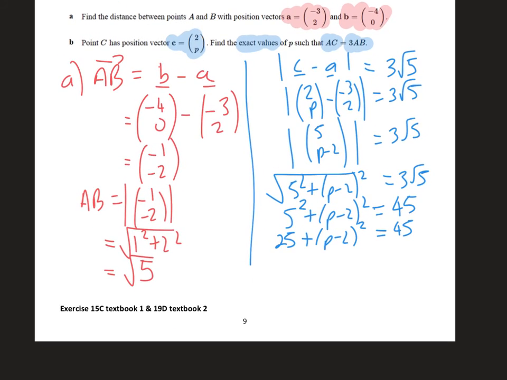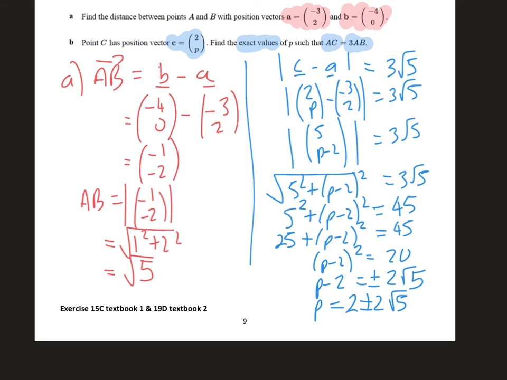I can take away 25 from both sides, so p minus 2 squared is 20. I can square root both sides. So p minus 2 is, when I root 20, 2 root 5. And since it's a square, I get plus or minus, and then plus 2 to both sides. So 2 plus or minus 2 root 5.